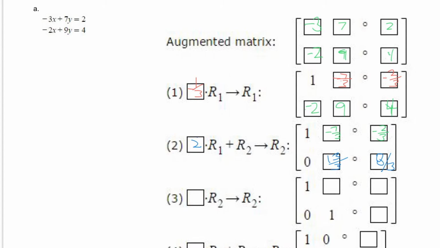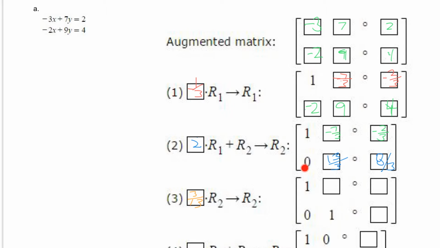Still the same. Now I'm going to come to my third step, and I want to replace the second part of row 2. I want row 2, column 2 to be positive 1. In row 2 right now, in that same spot, I have 13/3. So to get a positive 1, I need to multiply by the reciprocal, which would be 3/13. I'm going to multiply everything in row 2 by 3/13.